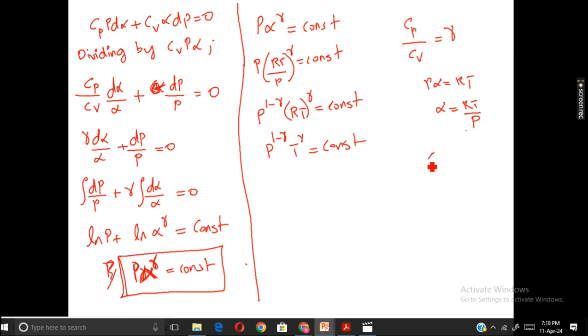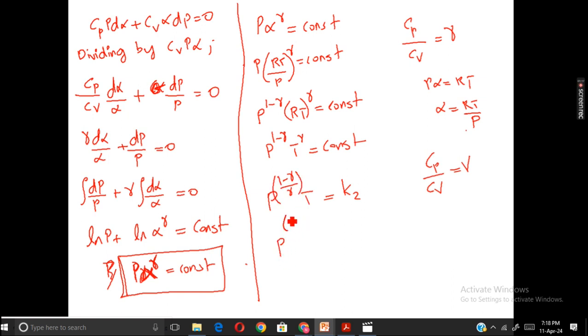Cp by Cv is basically gamma, as I told you. So from this we can write P of... if we divide the whole power by gamma, it will become 1 minus gamma by gamma into T, raised to gamma by gamma, equal to a constant, let's call this k2.